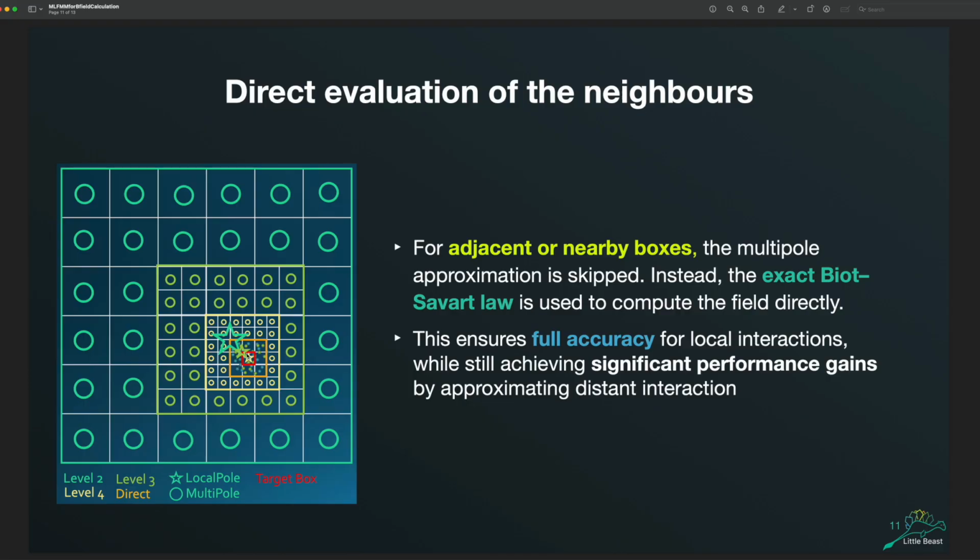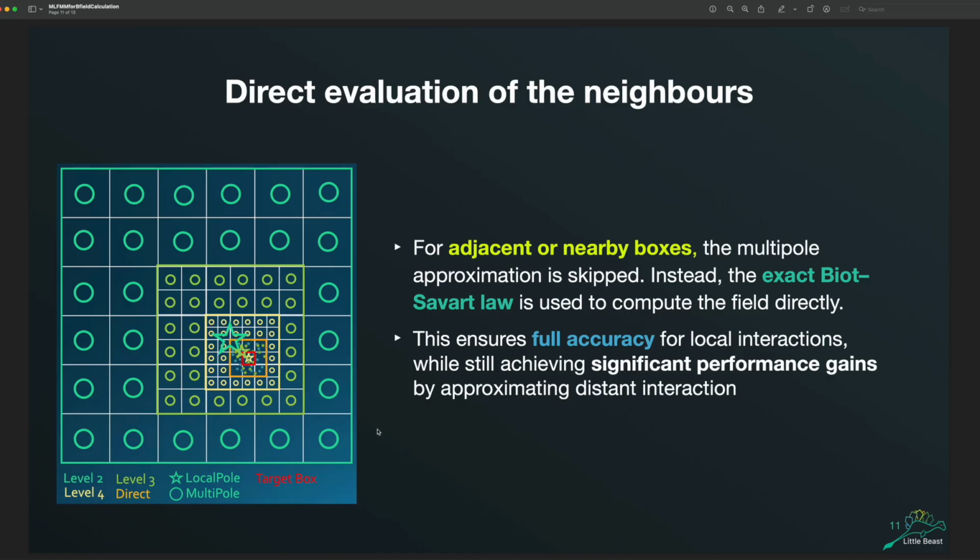So if this is your target box, for these 9 boxes surrounding it in 2D, you need to do direct BSFR, because the short range interactions mean you need to do BSFR. And for the other ones, so for the higher levels, you can use the multipoles. And that's illustrated here. So the circles, these are multipoles. And these local poles are the targets, the stars that are indicated.